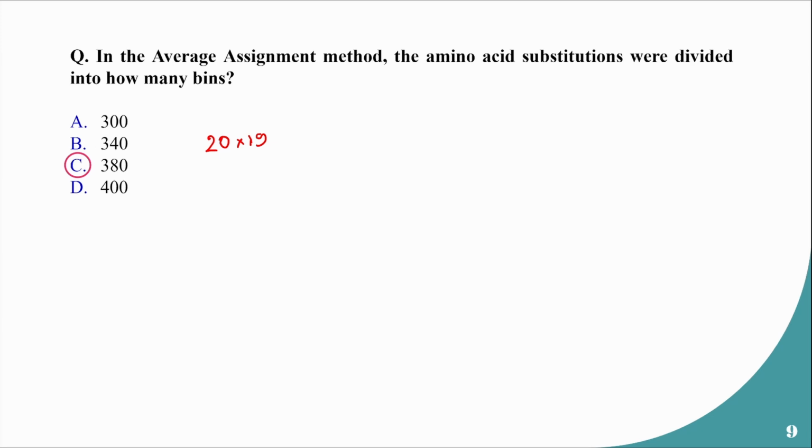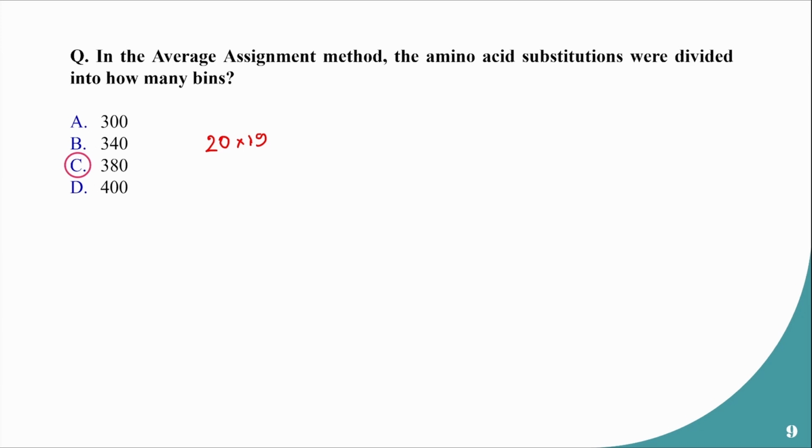In this particular case, we are not dividing the total number of data points into some broad clusters. Here, we are taking each individual amino acid to amino acid transition as a single bin, essentially. Since there are a total of 20 amino acids that can be mutated, each of them can be mutated 19 different ways.